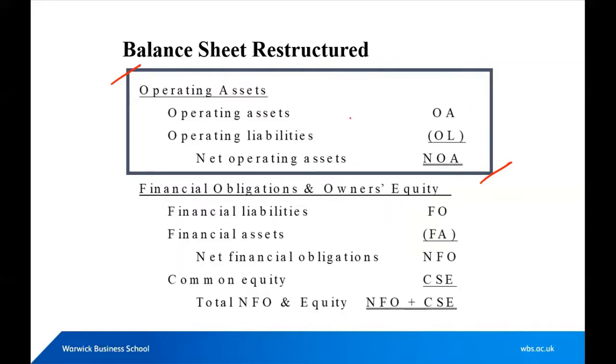The difference between operating assets and operating liabilities, net operating assets, we need to look at very carefully. This is the primary thing we like to see from our restructured financial statements. The financial obligations and owner's equity we have separated out in the bottom part. But which part is value generating? This part is value generating.